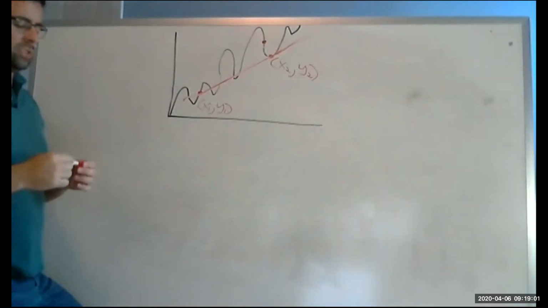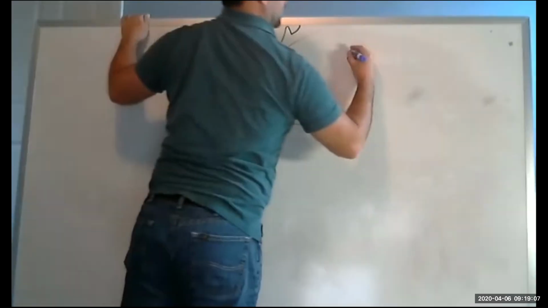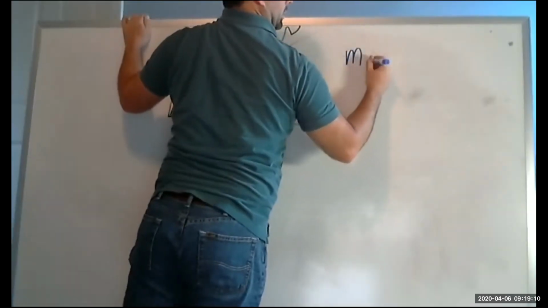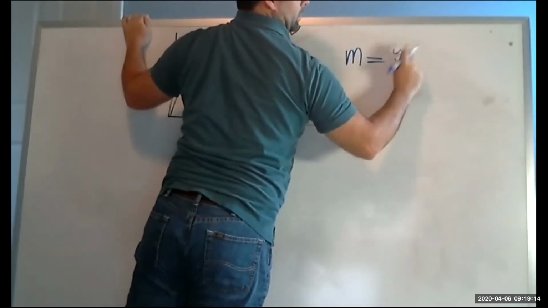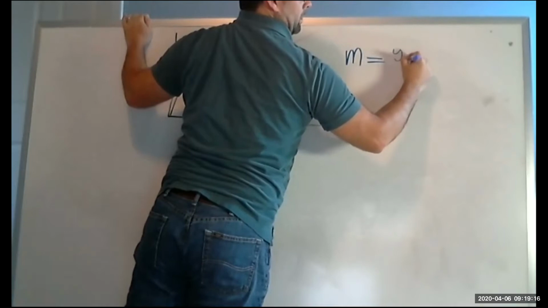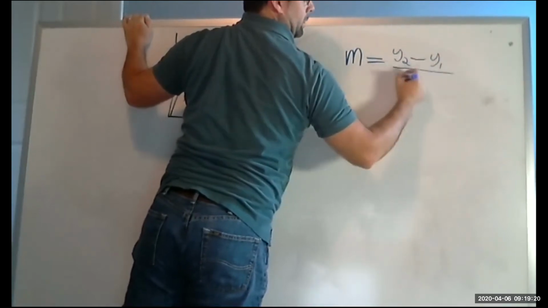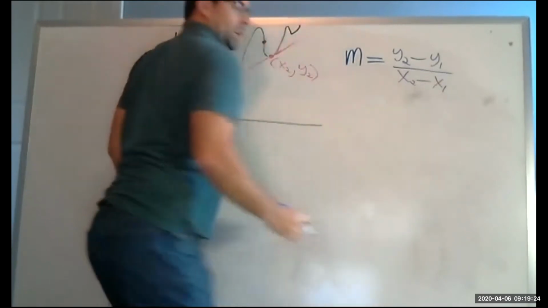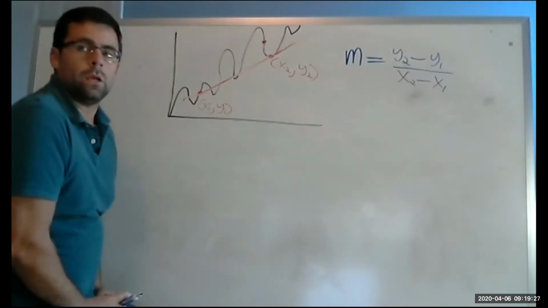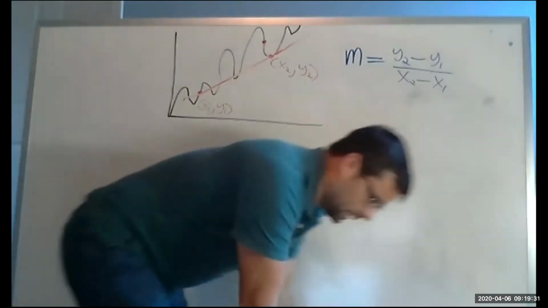The average rate of change between these 2 points is just the slope formula.